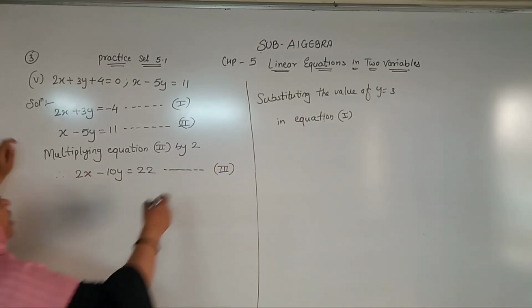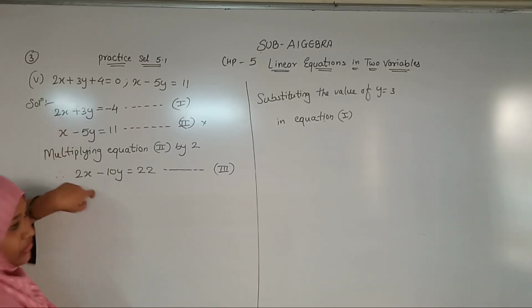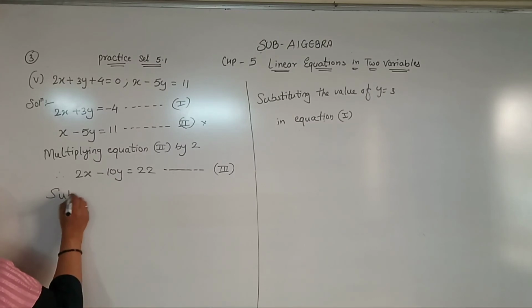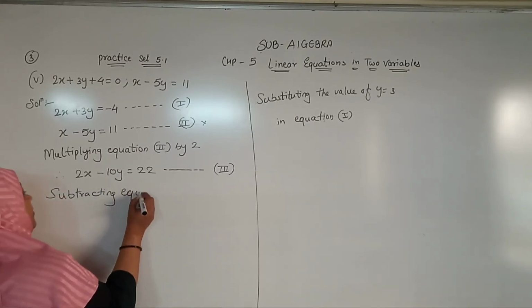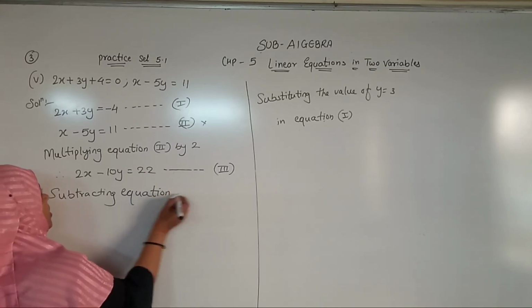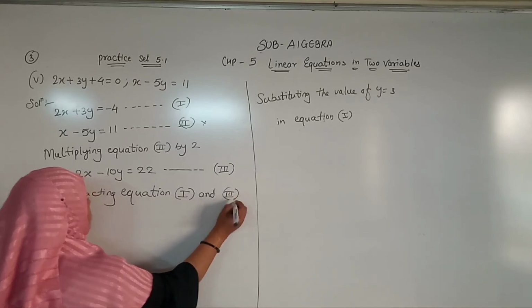Now I will forget the equation number 2 and I will check equation number 1 and 3. So I get the same term equalized, right? So now what I am going to do? Subtracting, right? Because we have similar sign. Subtracting equation 1 and 3.